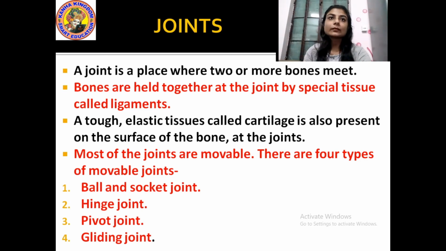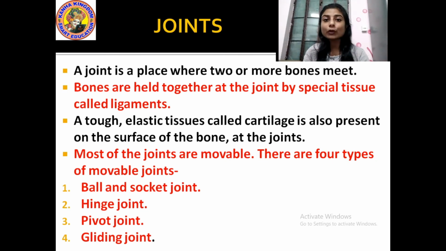Bones are held together at the joint by a special tissue called ligament. Ligament is a tissue which holds the bones together. A tough elastic tissue called cartilage is also present on the surface of the bone at the joint.